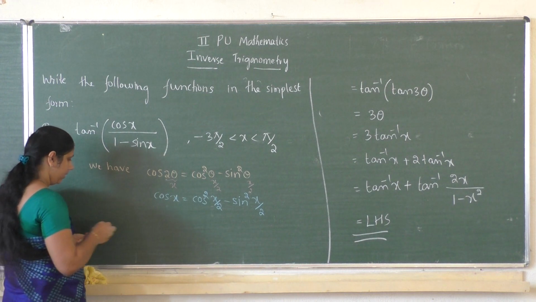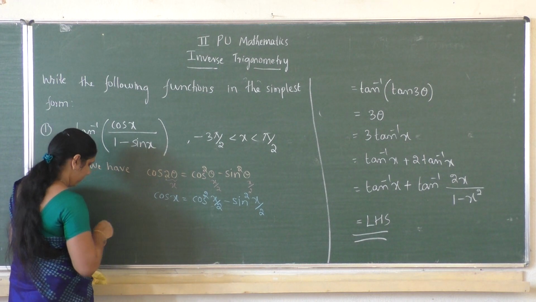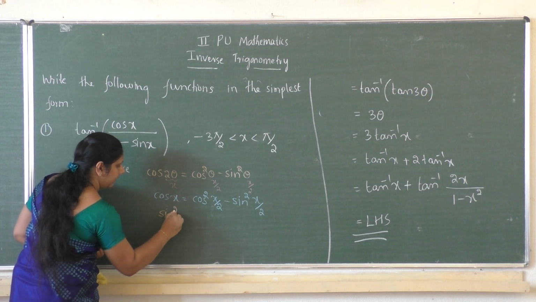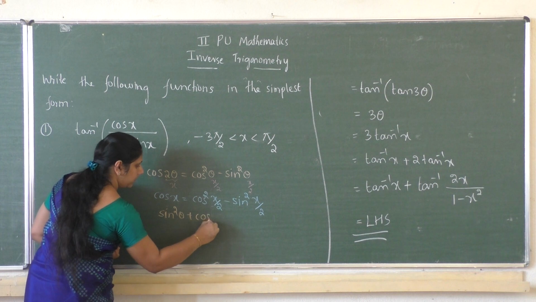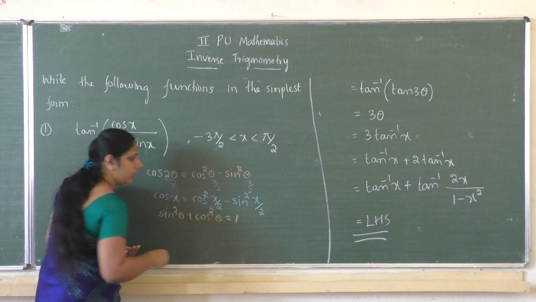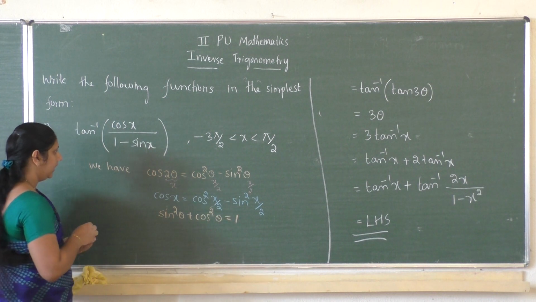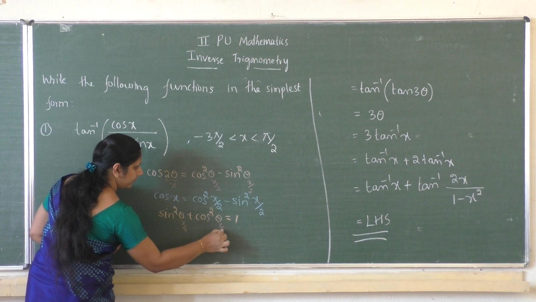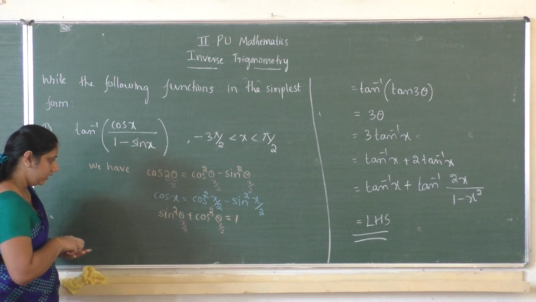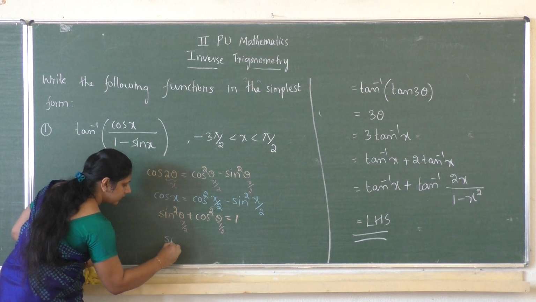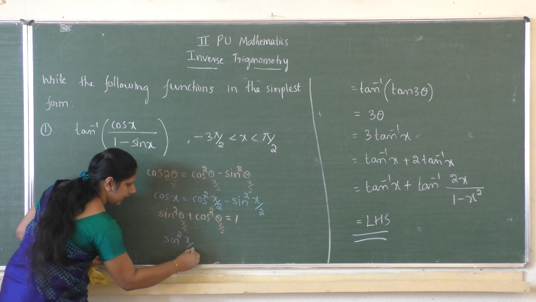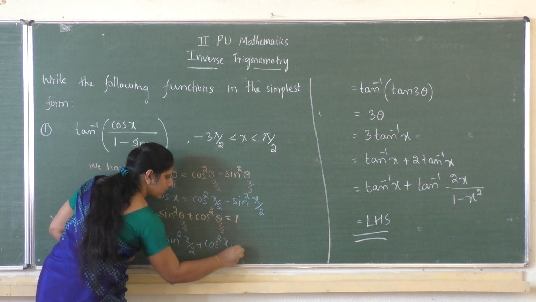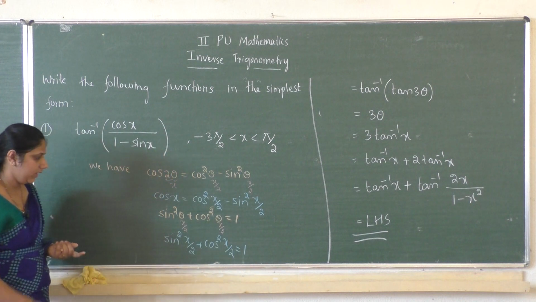Now we have the trigonometric identity. We know sin square theta plus cos square theta equal to 1. Now in the place of theta, if I take x by 2, then this formula looks like sin square x by 2 plus cos square x by 2 equal to 1.